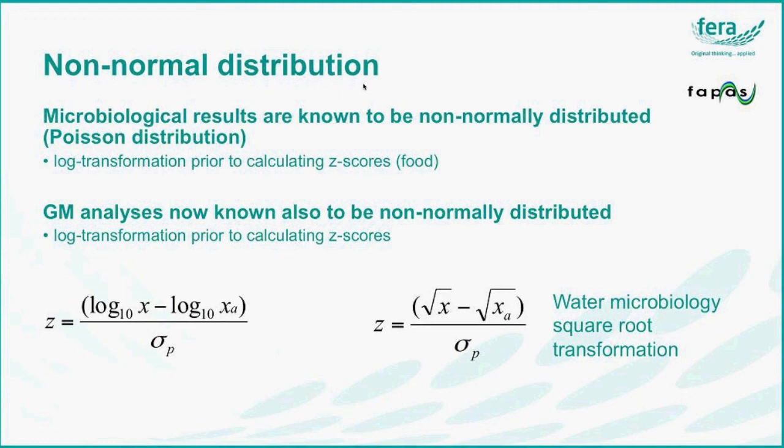Similarly, GM analyses are also non-normally distributed, and we apply the same correction as for food microbiology. The correction is to log transform the raw data. So you will see in our reports the z-score equation is modified with log 10 values instead of absolute values.